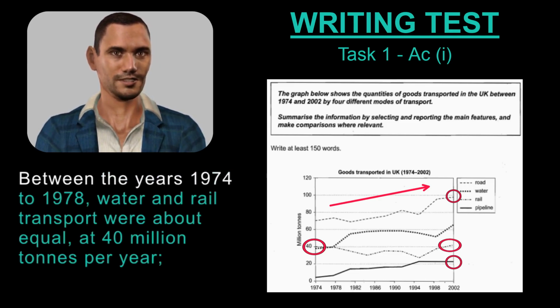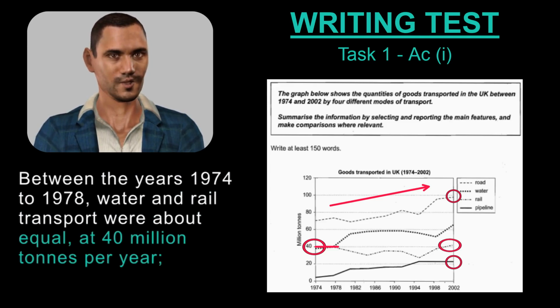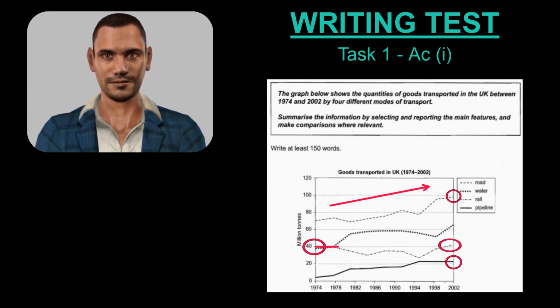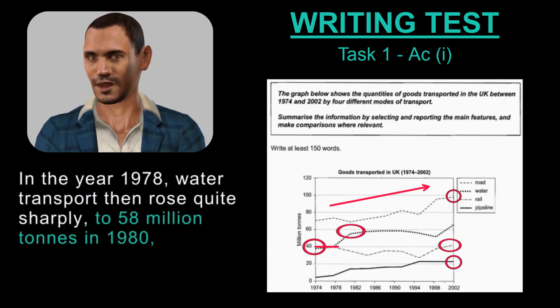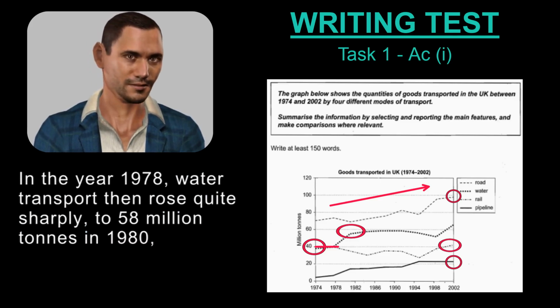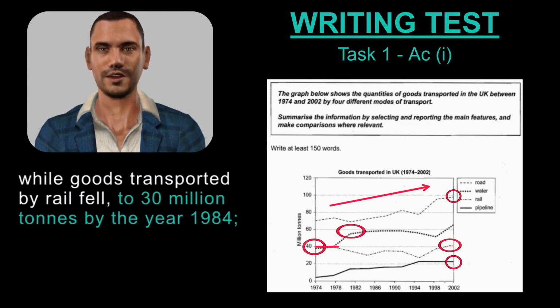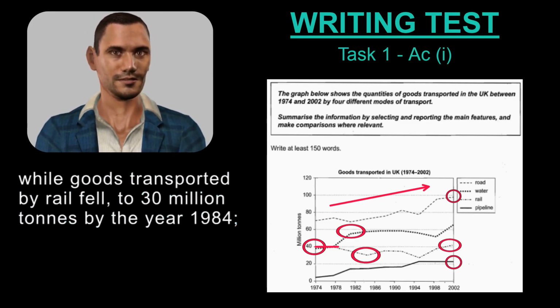Between the years 1974 to 1978, water and rail transport were about equal, at 40 million tons per year. In the year 1978, water transport then rose quite sharply, to 58 million tons in 1980, while goods transported by rail fell to 30 million tons by the year 1984.